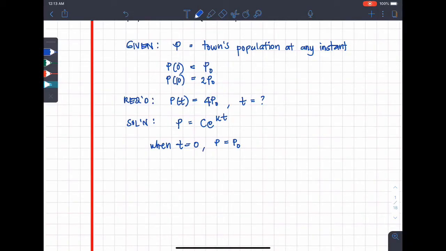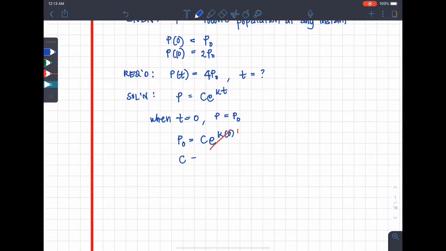So P sub 0 is equal to C e raised to k times 0. And k times 0 is 0, so e raised to 0 would be 1, leaving us to have C equal to P sub 0.